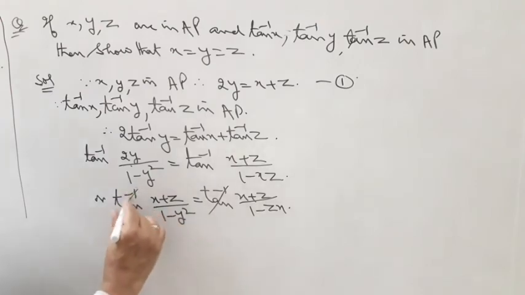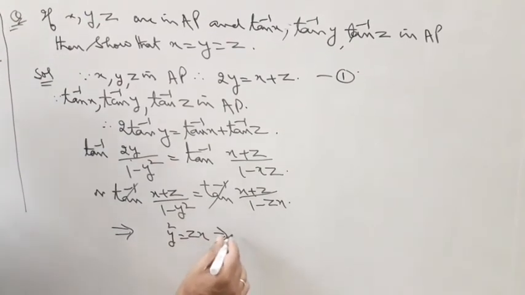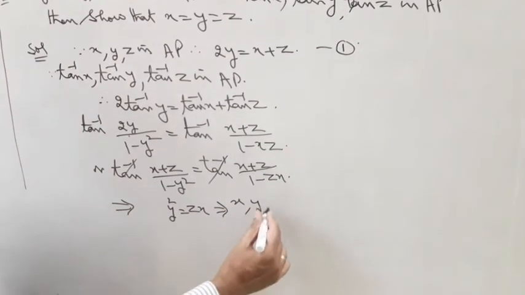Now tan inverse goes. Cross multiply, and after simplifications we get y square is equal to zx, which implies x, y, z are in GP.